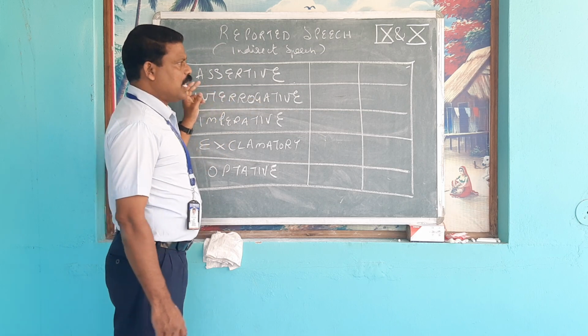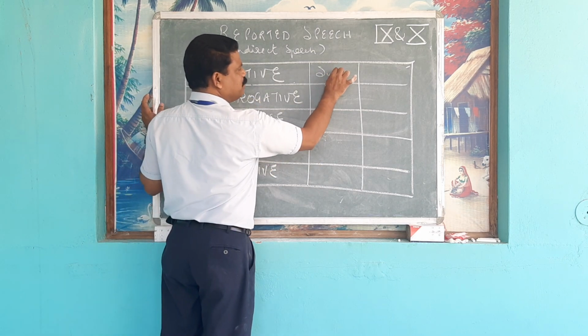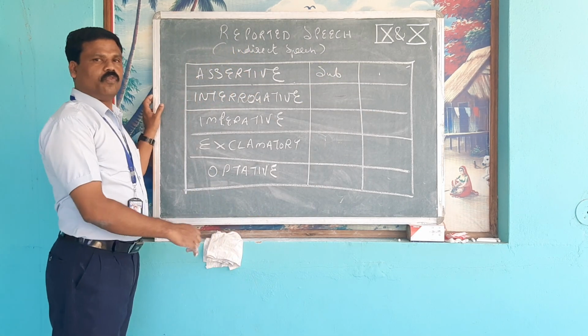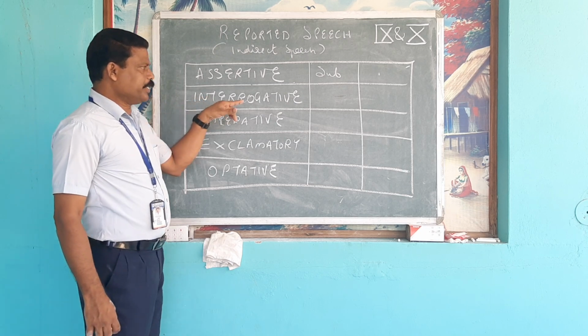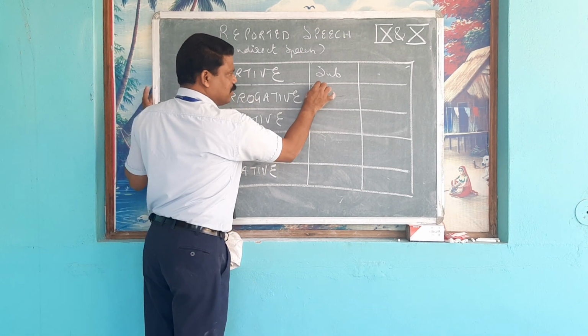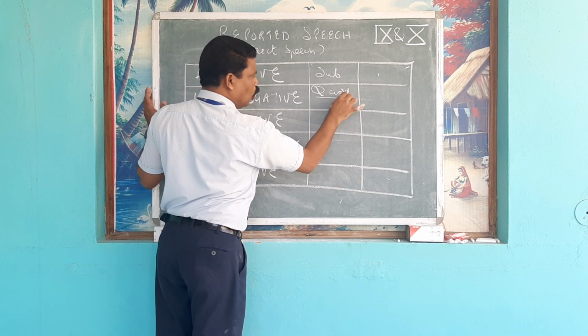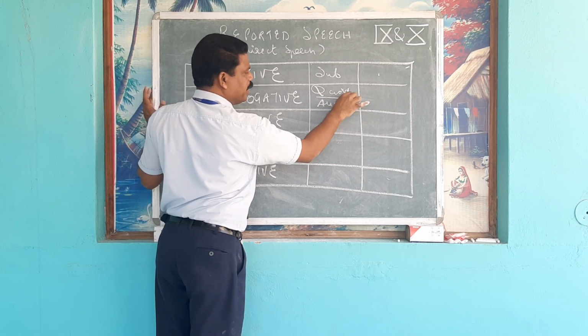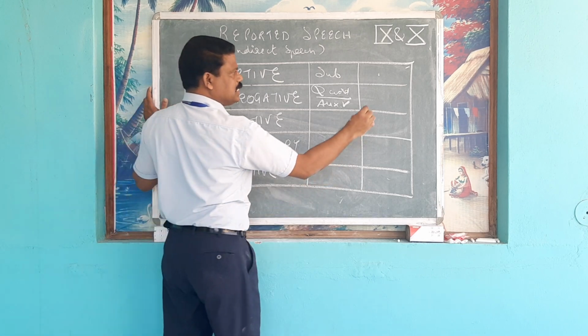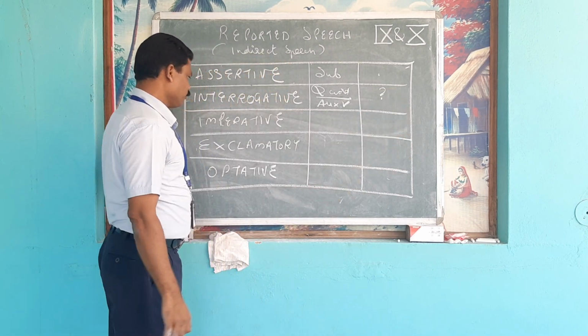Assertive sentence always starts with a subject and ends with a full stop. Interrogative sentence starts with a question word or an auxiliary verb, and ends with a question mark.